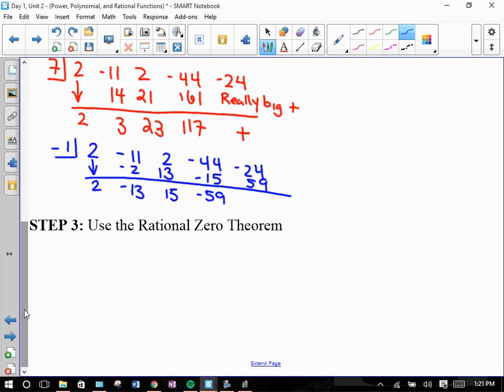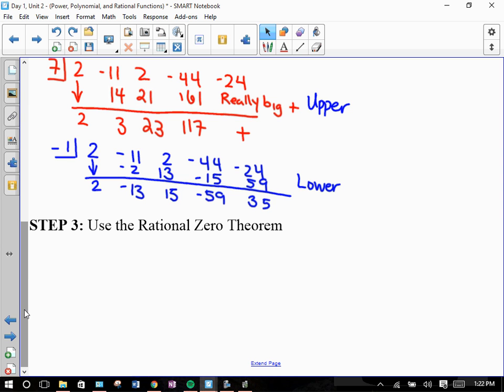Then 59, that's going to be 35. Does this alternate between non-negative and non-positive? Yes. Non-negative, non-positive, non-negative, non-positive, non-negative. So therefore, this is a lower bound. That means there are going to be no zeros below that.